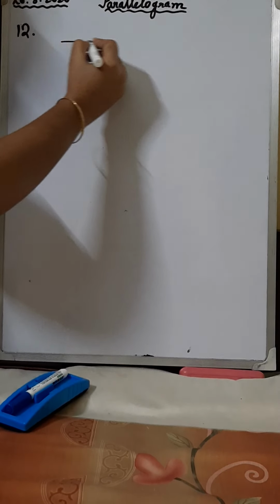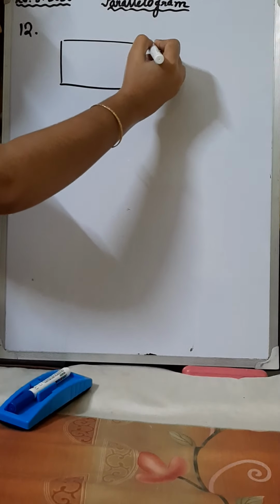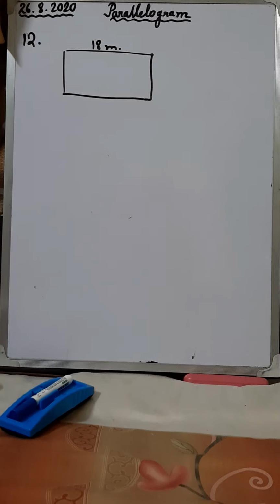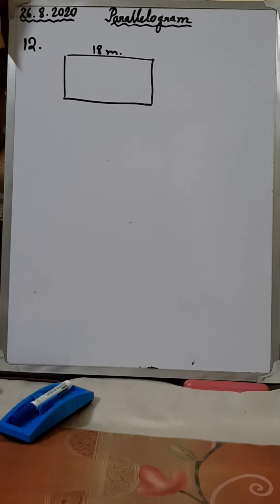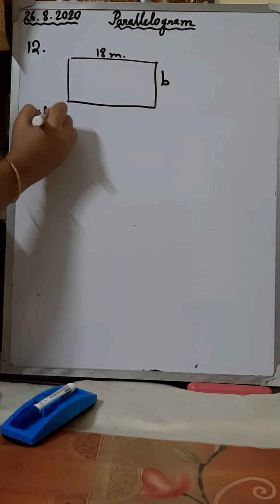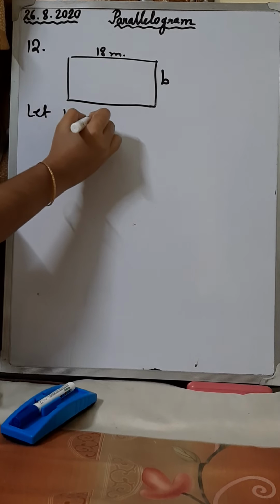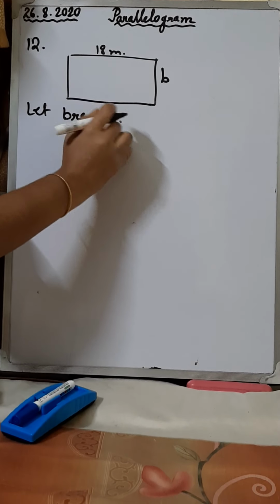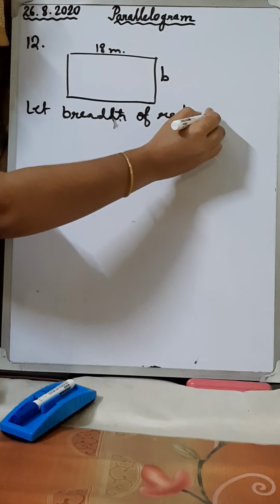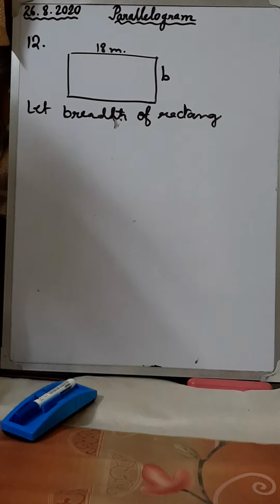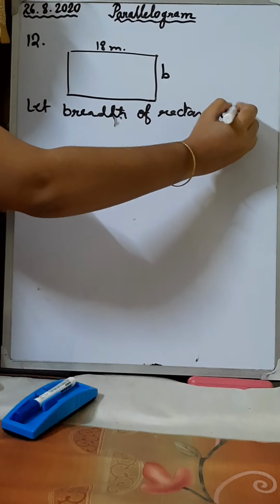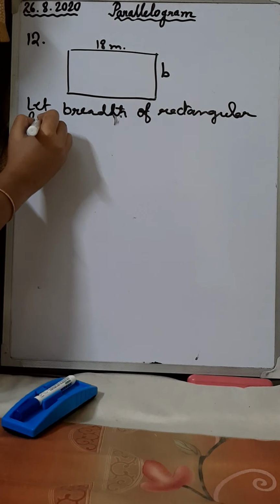First, the length of the rectangular field is given, that is 18 meter. Okay. So let the breadth of the rectangular field be B.